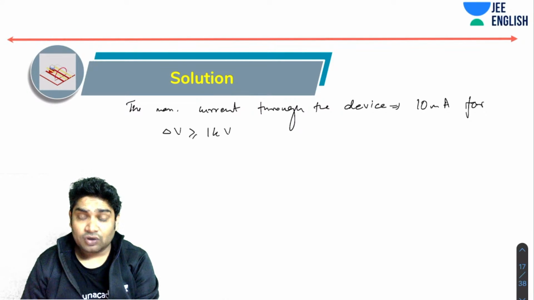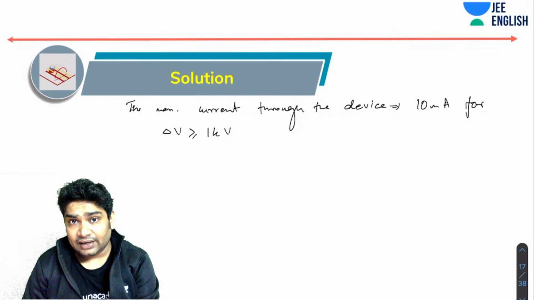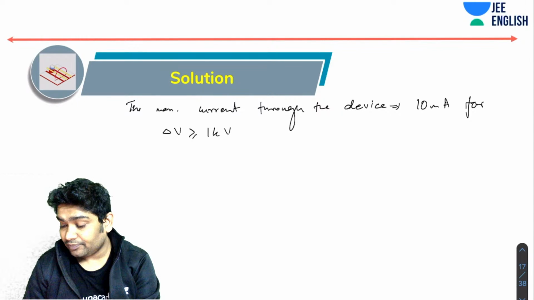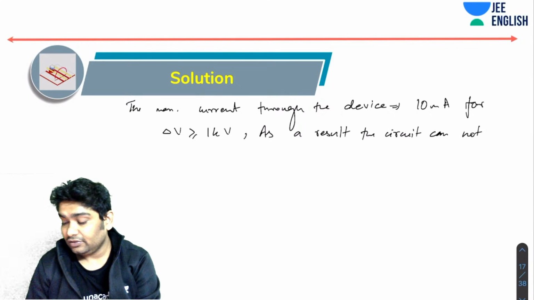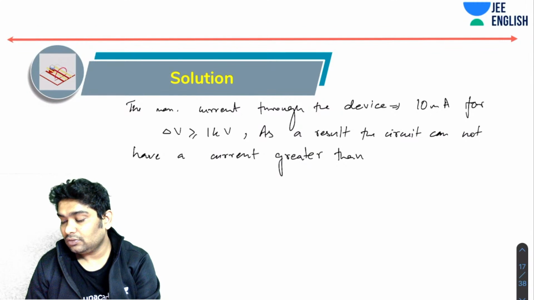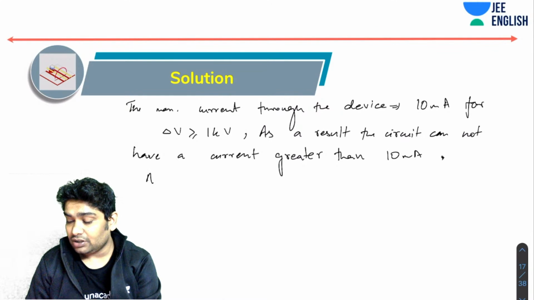Obviously, because of that, our entire circuit cannot have a current of more than 10 milliamperes. That is what you have to figure out. As a result, the circuit cannot have a current greater than 10 milliamperes.